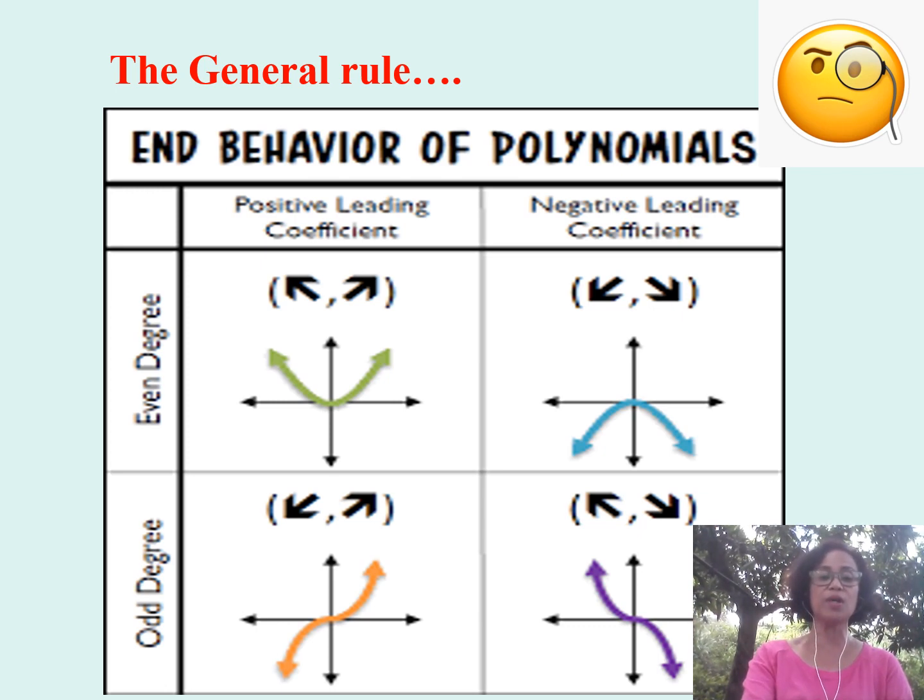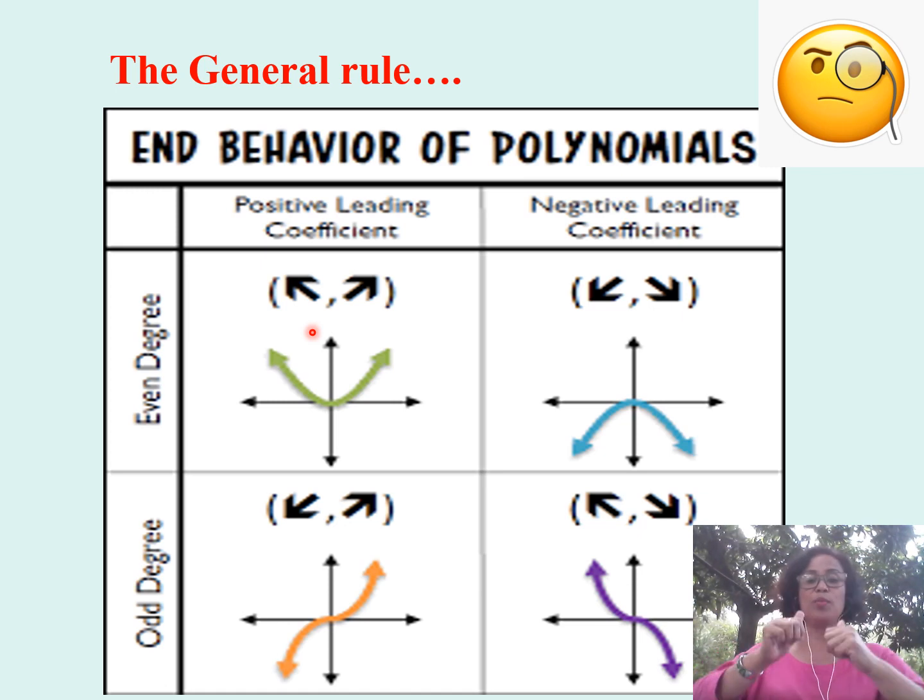So we start with the even degree. Even degree, these are the 2, 4, 6, 8 degreed polynomial functions. And the leading coefficient is positive. Your graph will start at high and would end at high.